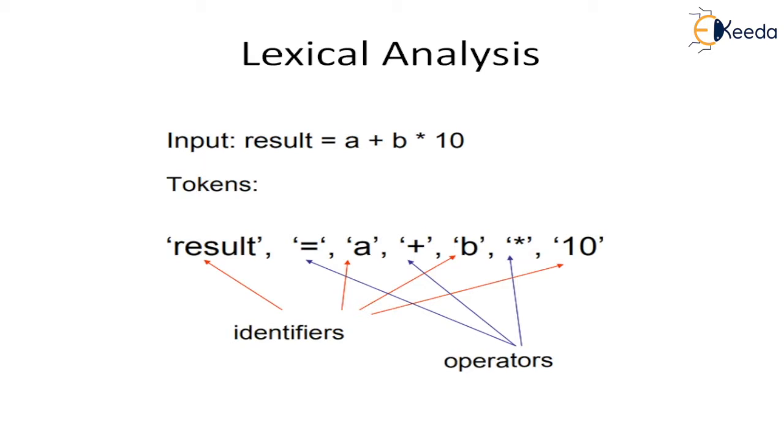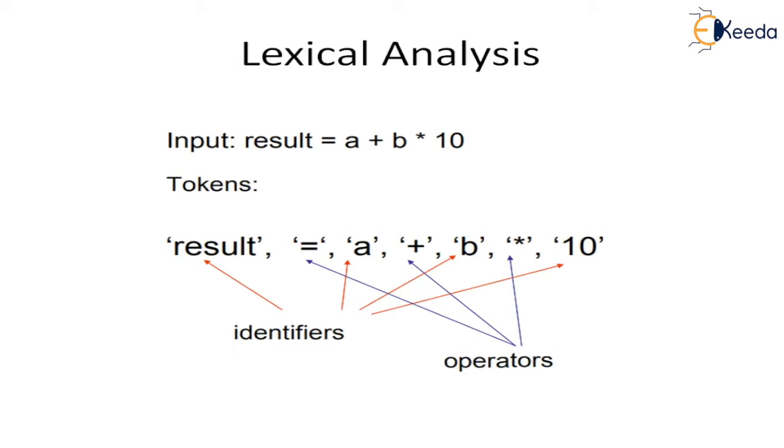For example, the input given to the program is result = a + b * 10. How are the tokens generated? How many tokens are there? The first token is result, the second is the equal sign, the third is a, the fourth is the plus sign, the fifth is b, the sixth is the star, and the seventh is the number 10.